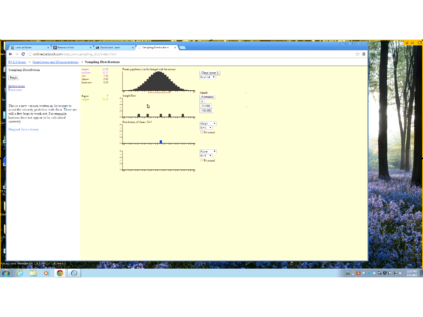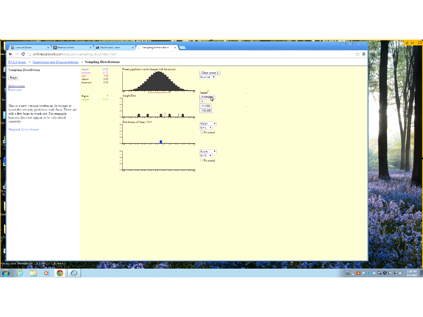In the graph, those 5 black rectangles represent one sample of 5. Each rectangle is a data value. We take all those data values and we find the mean. We average it out. The blue rectangle is the mean of your sample from above. We keep track of what that mean is.